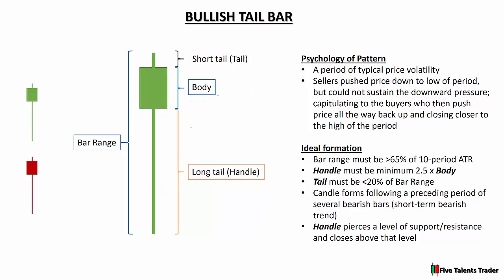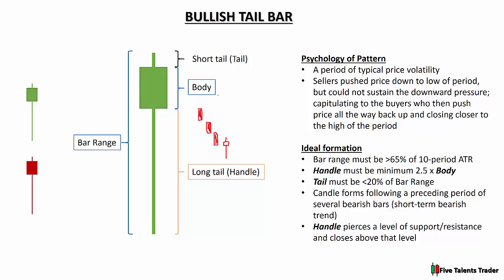The other point is that the bullish tail bar should ideally come following a series of bearish bars, a short-term bearish move, because that will effectively signify that the bearish pressure is weakening.